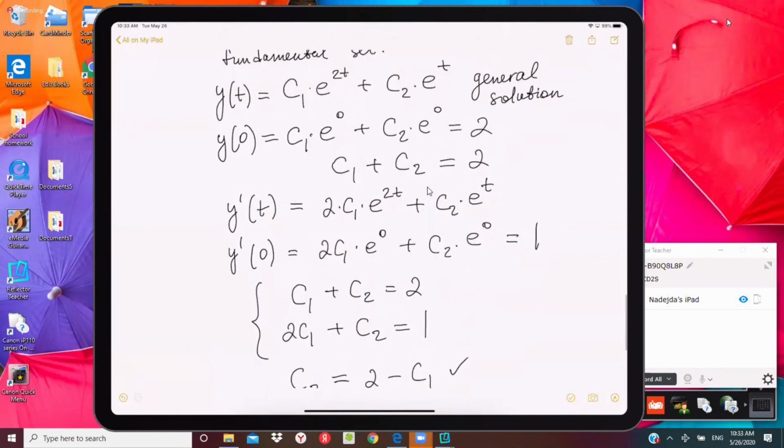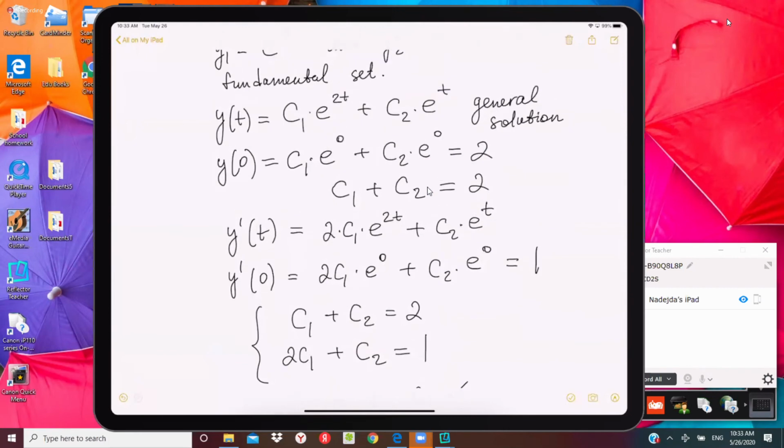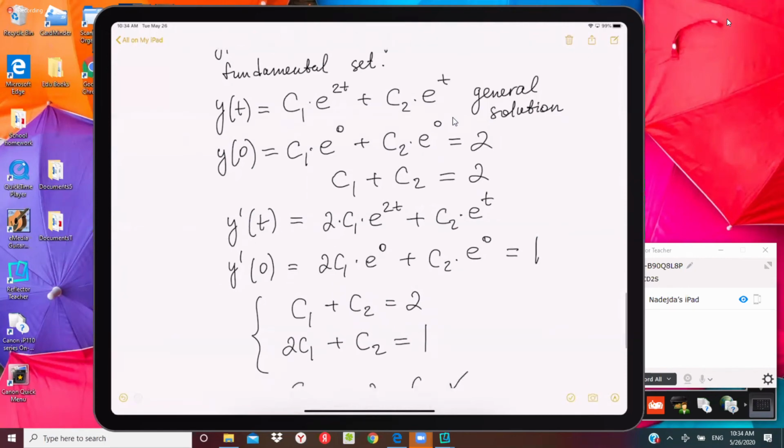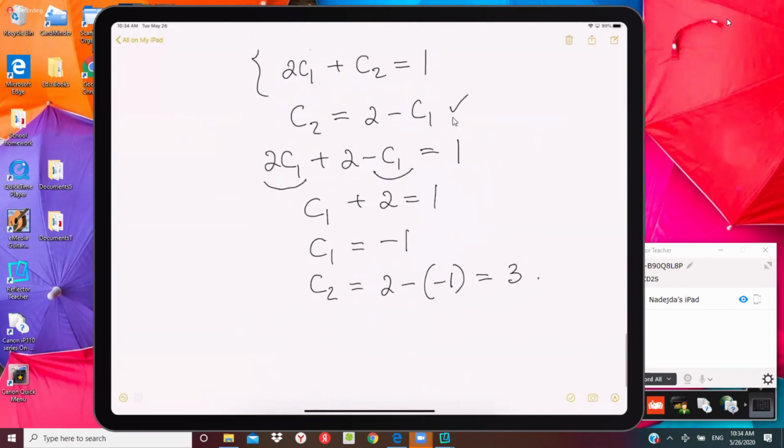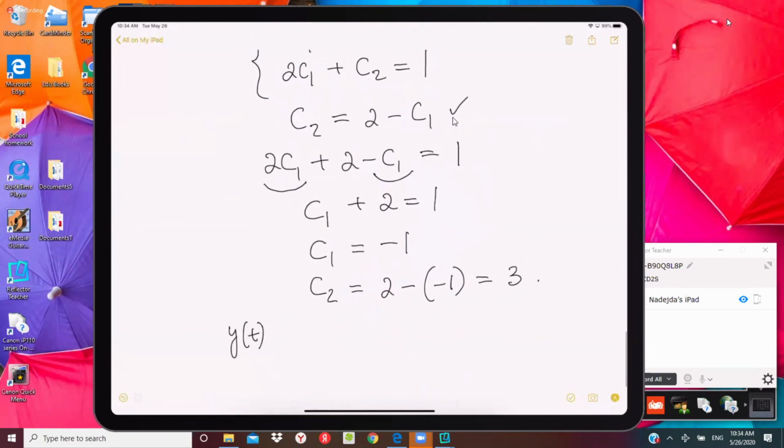So yes, we have our two solutions. So this is the general solution up here. Y of t equals c sub 1 e to the 2t plus c sub 2 e to the t. So we found the constants. So let's write the particular solution. So c sub 1 is -1, and we said c sub 2 is 3. So this is what I'm getting for the particular solution.